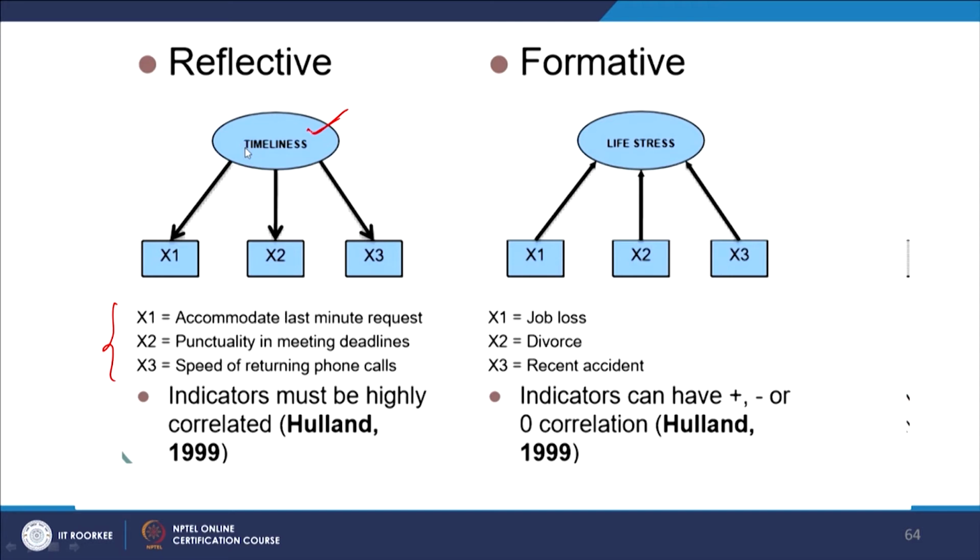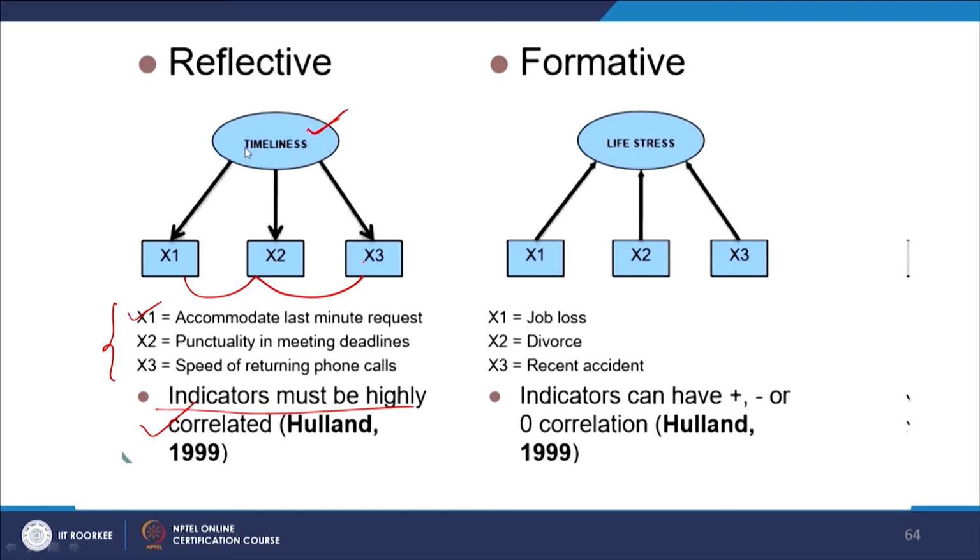If somebody is following timeliness, then accommodating last minute requests is possible, punctuality in meeting deadlines is there, and speed of returning phone calls is also there, that is a measure of timeliness, right. And here the indicators must be highly correlated.